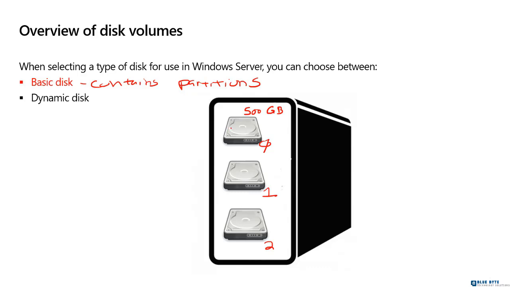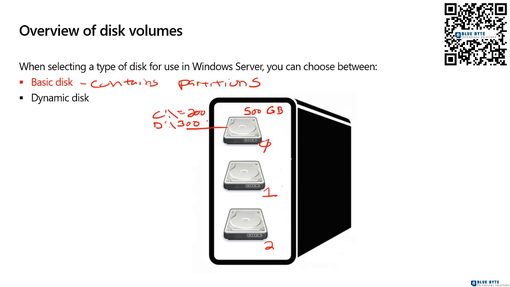Well, I could have a C drive here that is, say, 200 gigs. I could create a D drive that is 300 gigs. Now, we know the sizes are not exactly that, but all you could do is take this one drive and further partition it so part of it's the C, part of it's the D drive.